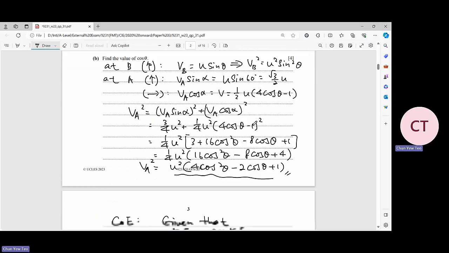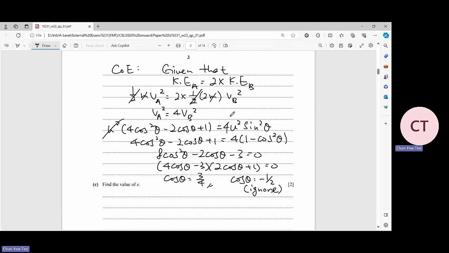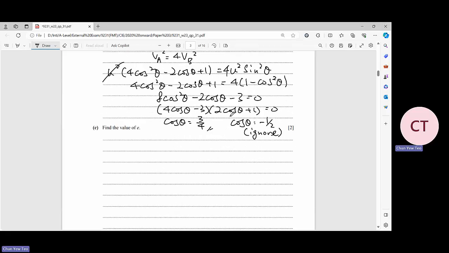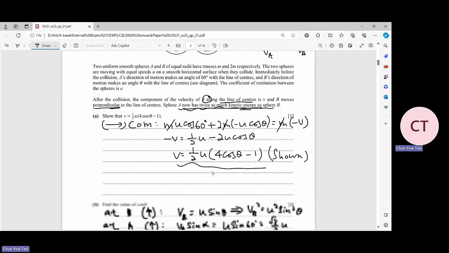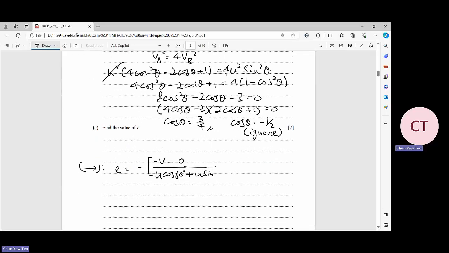Now, done. We're only looking for the cos theta. Now we're moving to the value of E. To find the E, because the E is actually involving negative of the negative V minus a 0, is actually involving horizontal component. Then this one, it will be U cos theta.